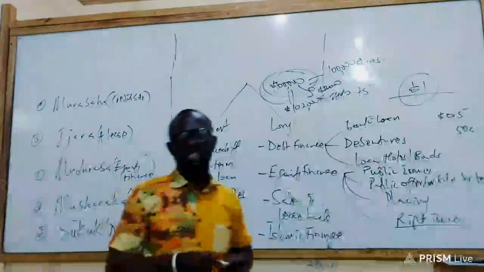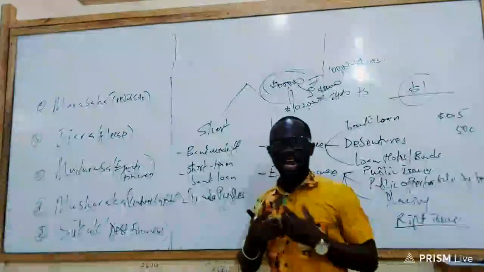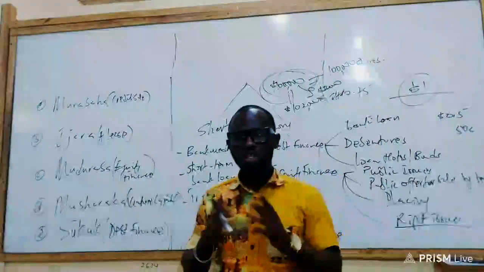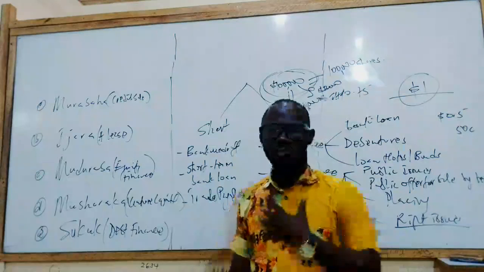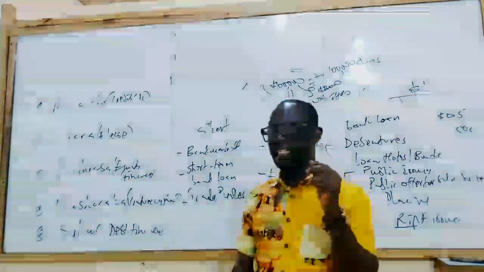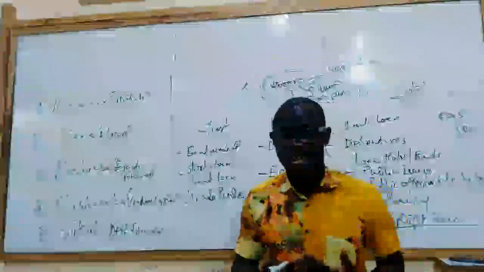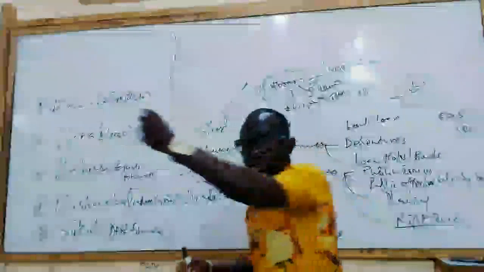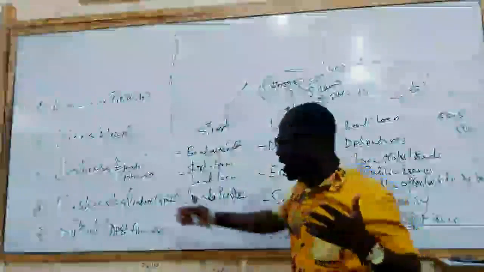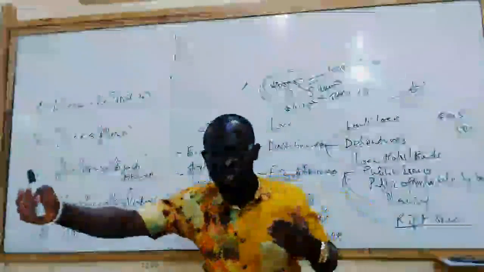So with shakuk, it's a debt finance with an underlying asset. So this is the arrangement. I don't need the asset. What a financial institution can do is buy the asset, and then they will sell you a bond that you go and buy, and that is a shakuk certificate.